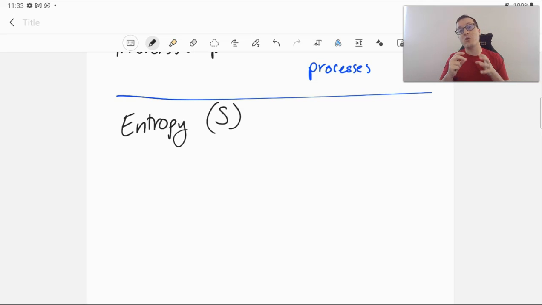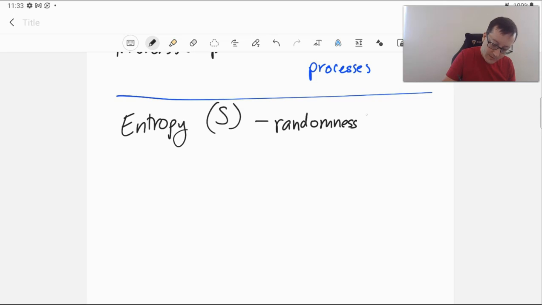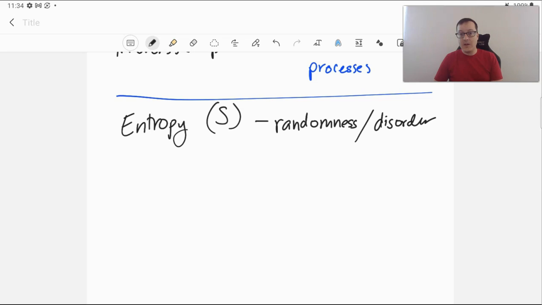It has gone from a more orderly, contained state to a more dispersed and random state. And so it's kind of a measure of randomness or disorder of a system. And so the tendency of that energy to disperse and become random is entropy.